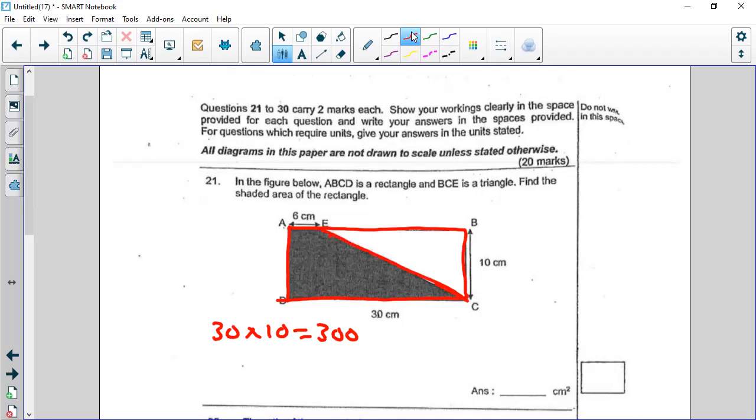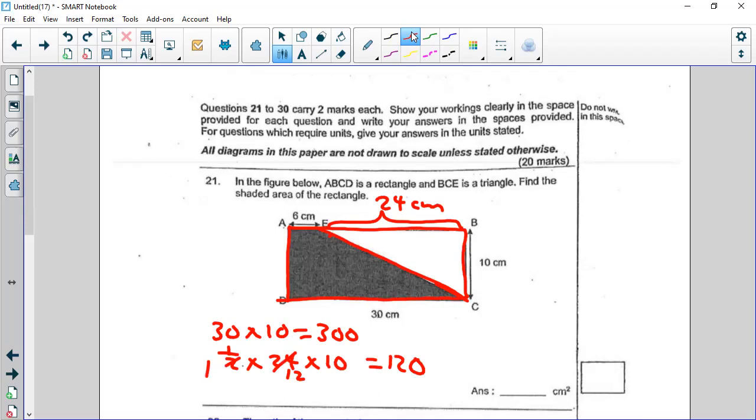So every time you find area and perimeter, you always look for regular shapes. Okay, so what is the area of this unshaded triangle? Base. What's the base? You take 30 minus 6, 24 cm. Okay, then you take half times base times height, and cancel, divide by 2, and 24 divided by 2 is 12, and then 12 times 10 is 120.